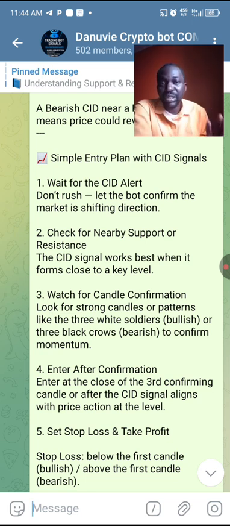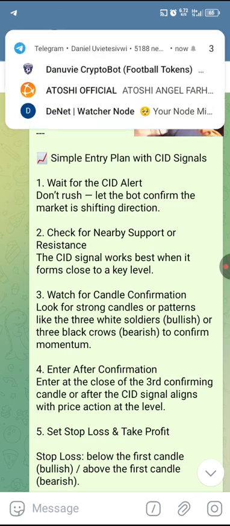The third one is to watch for candle confirmation. We have discussed the candlestick patterns, the three white soldiers and the three black crows. If you don't have an understanding of that, I suggest you watch previous videos and then read the manuals that have been posted in the group. Look for strong candles or patterns like the three white soldiers, bullish.